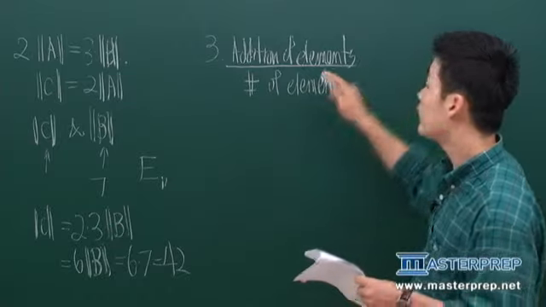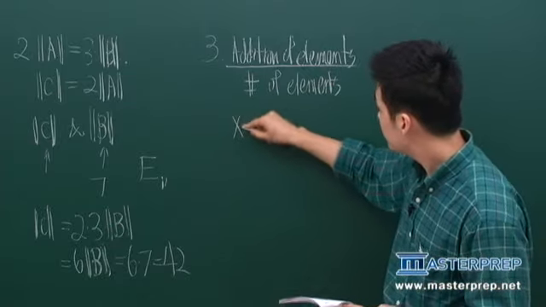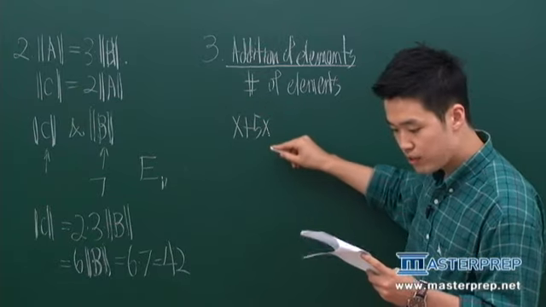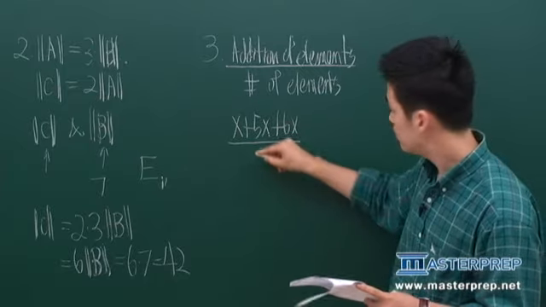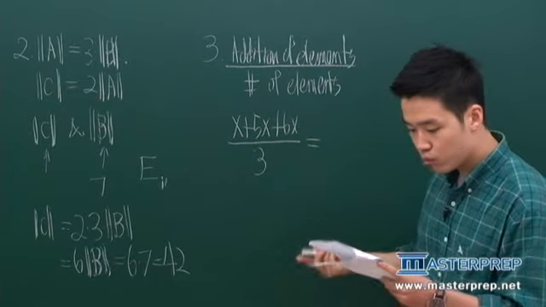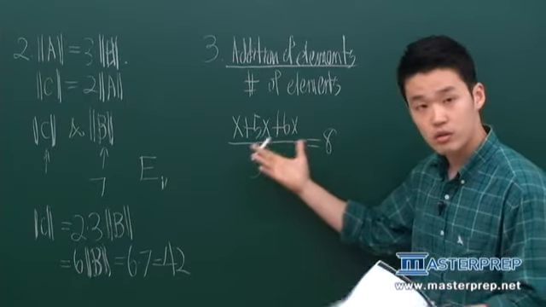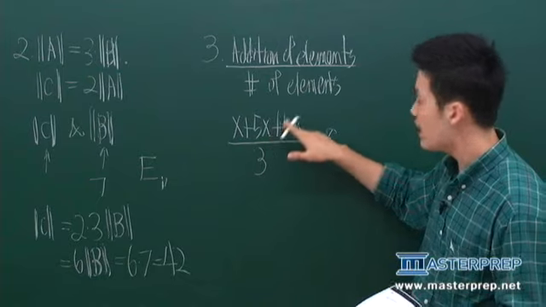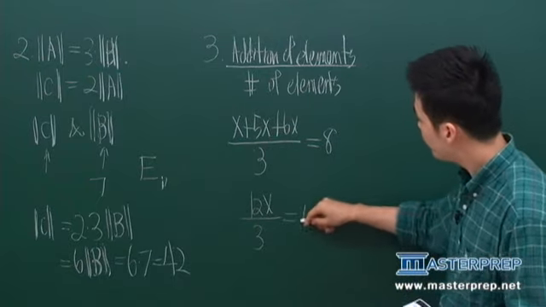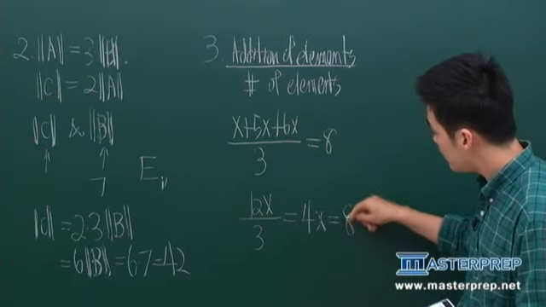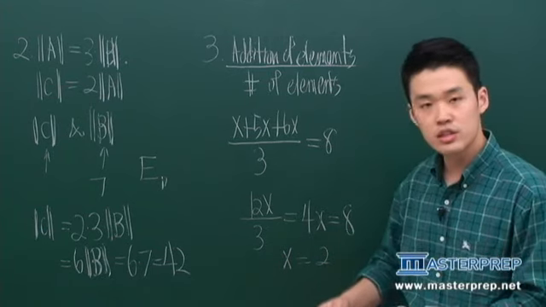In this case, we are given x plus 5x plus 6x, over 3 elements, over 3, is equal to 8. Now let's do some arithmetic. 6x plus 6x is equal to 12x, over 3 is equal to 4x, which is equal to 8, right? x then must be 2, so the answer must be B.